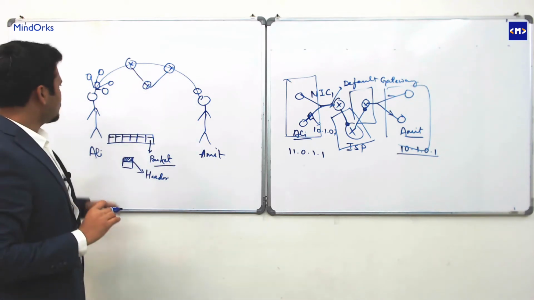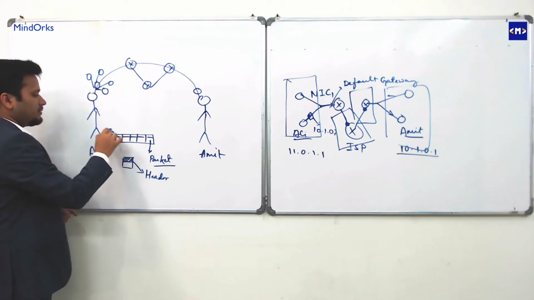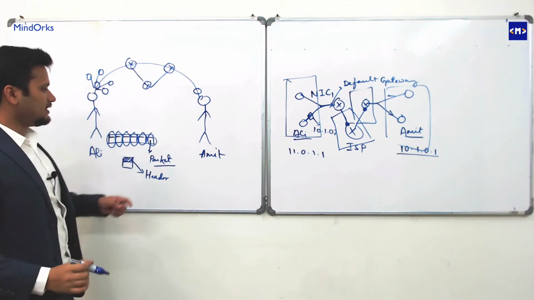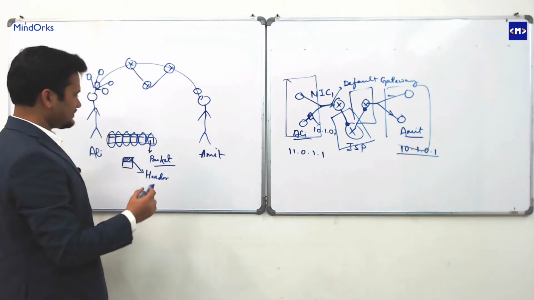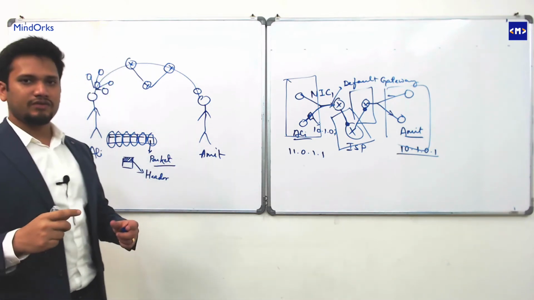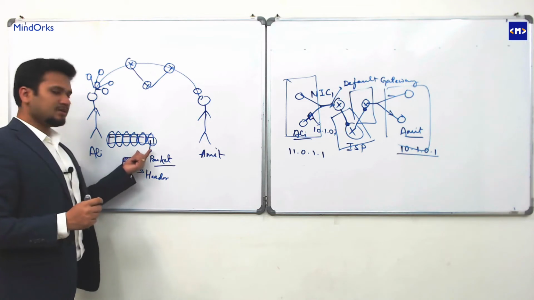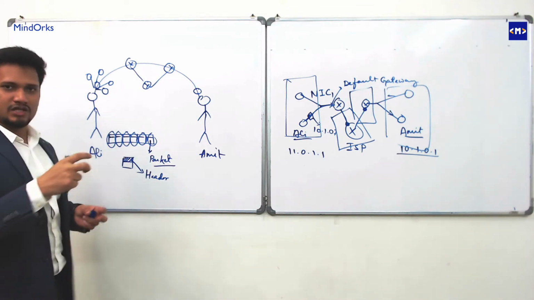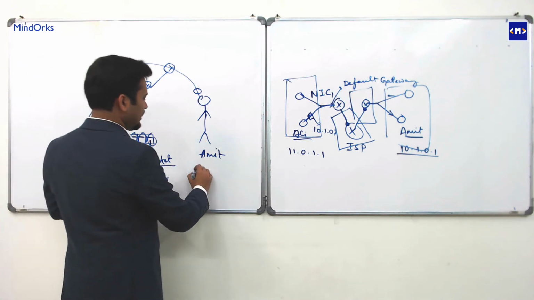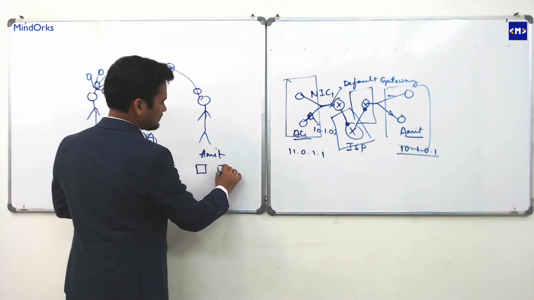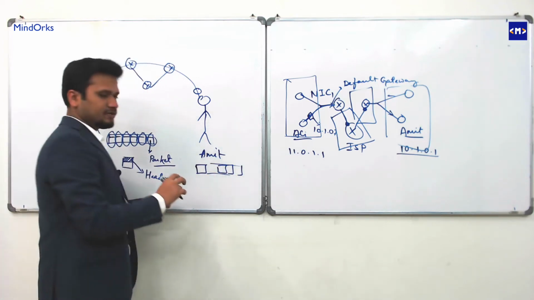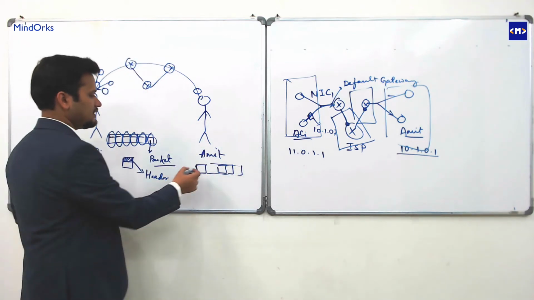Finally, when Amit receives all the packets, he will not receive them in order, he will receive them jumbled, but all the packets have a header which defines the sequence. So Amit will be able to construct the message again based on the packets he receives.